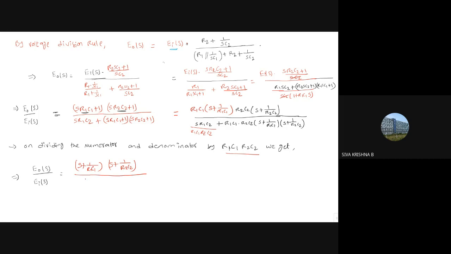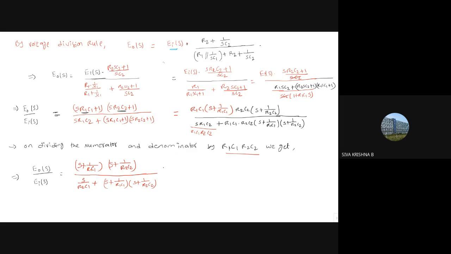So that is S by R2C1 plus, here also the total term is gone, so the remaining terms are there, right? That is S plus 1 by R1C1 into S plus 1 by R2C2. This is the form like this.